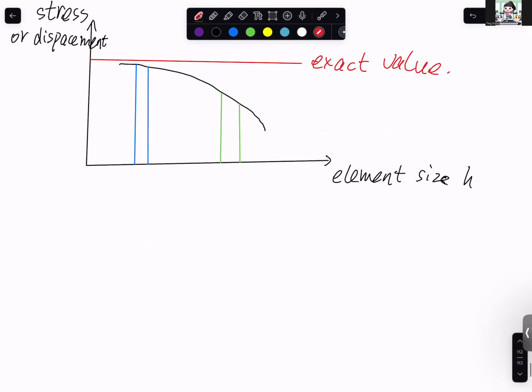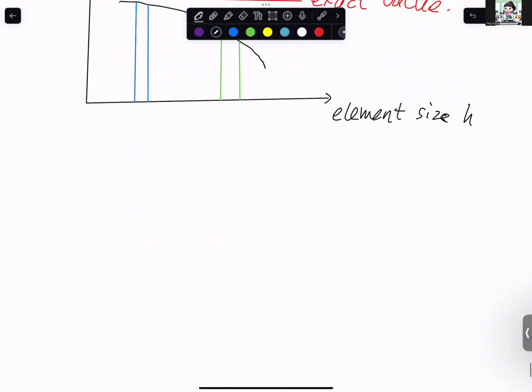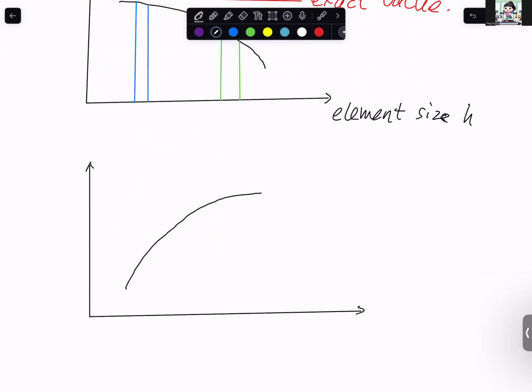But when you read a paper or a textbook, sometimes you can see something like this. It's not based on the element size, it's based on number of elements or number of nodes, doesn't matter. So it should be very similar. And of course, when we do convergence study, we always start from a lower number of elements or nodes, and then gradually refine. In the refining process, the number of elements and number of nodes increases.